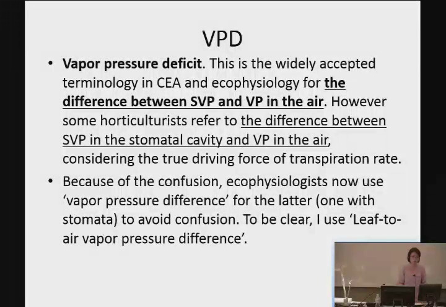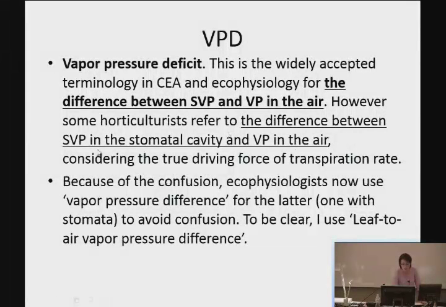I think some of them are still teaching and using this terminology instead of the more widely used VPD. So you want to make sure, when you are communicating or writing a paper, which one you want to use or which one the other person is using.